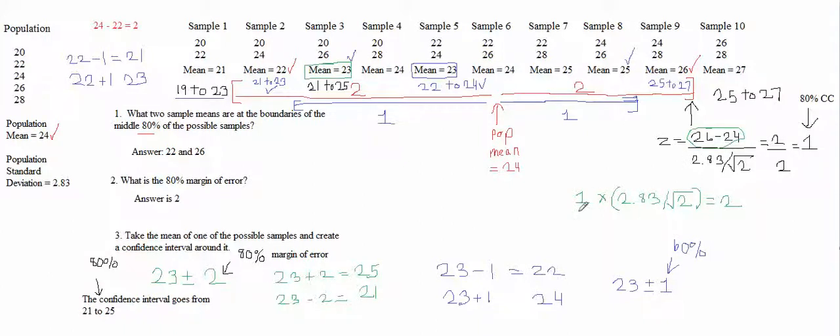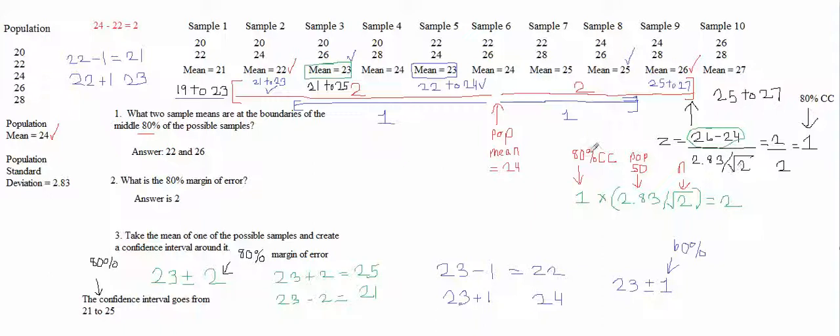So if you want to get an 80% margin of error, you could multiply the 80% confidence coefficient, the z-score at the upper boundary up here, by the population standard deviation over the square root of the sample size of n.